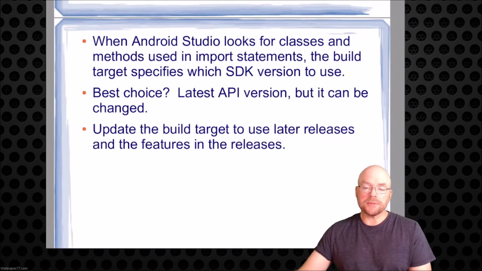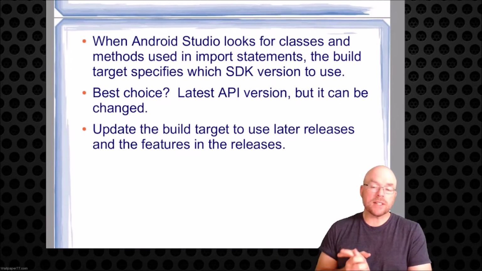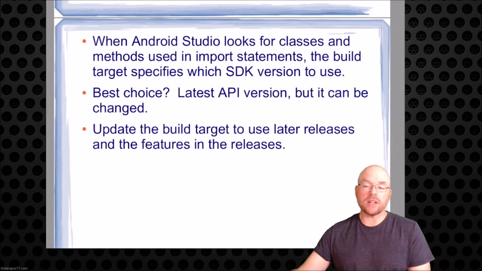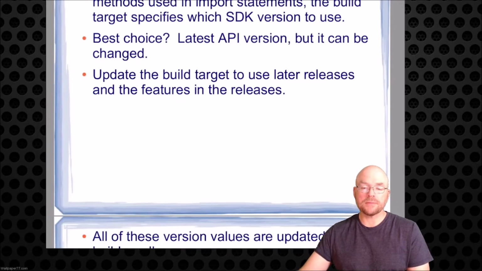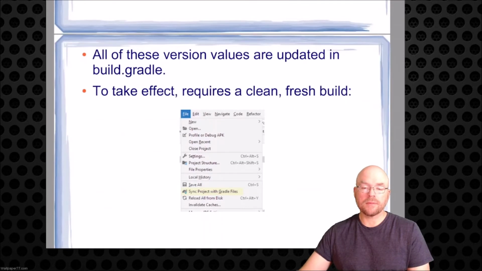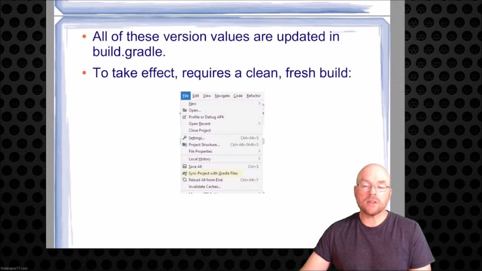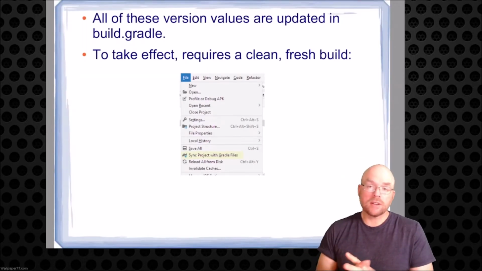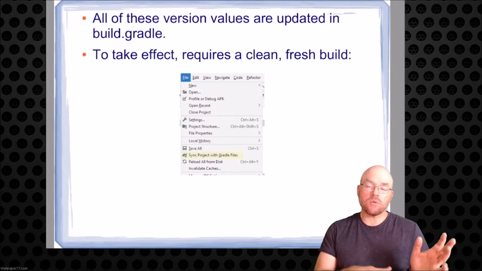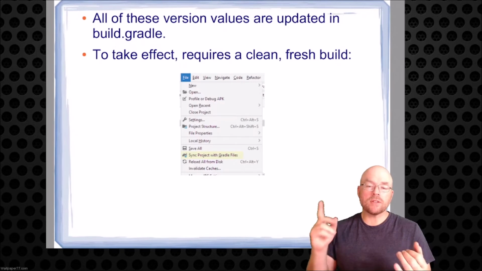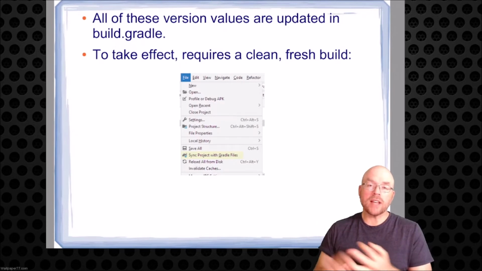Okay, so if you want to use later releases and get the latest features, then set your build target to the latest version. If you make adjustments to that, say you want to upgrade from API 28 to 30, then you're going to need to go into build.gradle and you can edit those values.